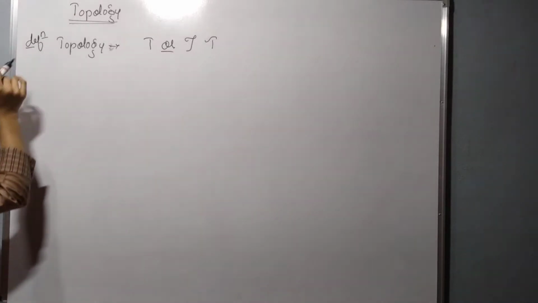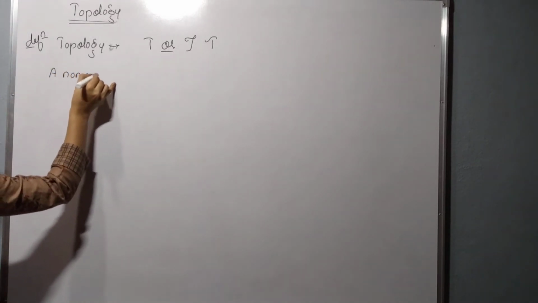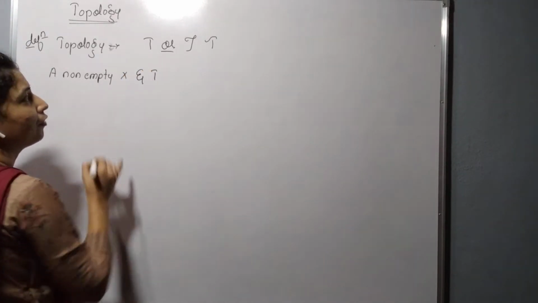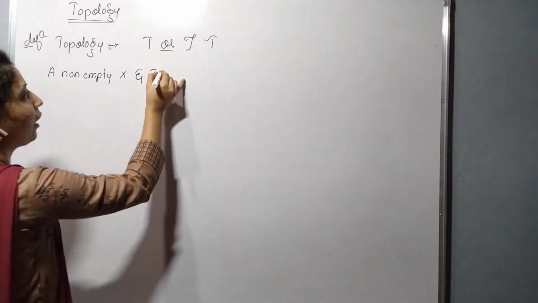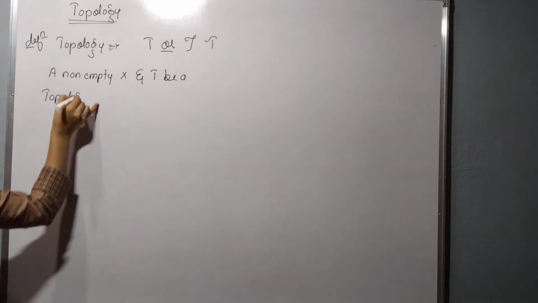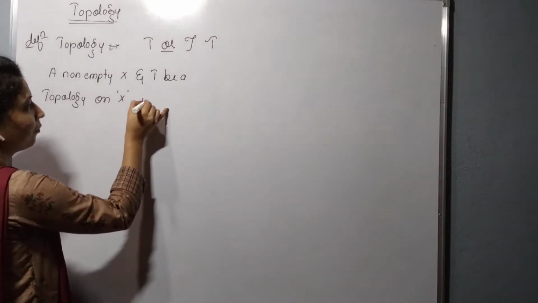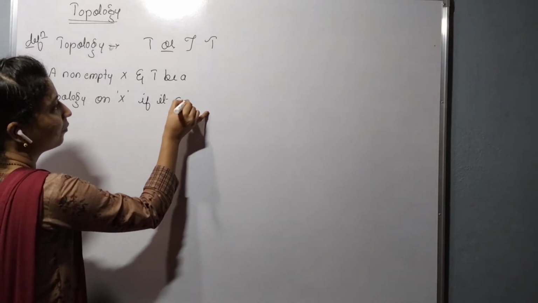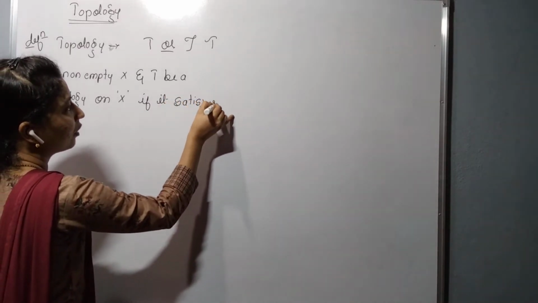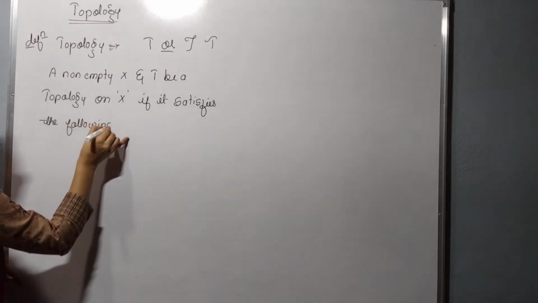So the topology definition can be defined as: a non-empty set X, and we call it as tau or T, a topology on X if it satisfies the following conditions.